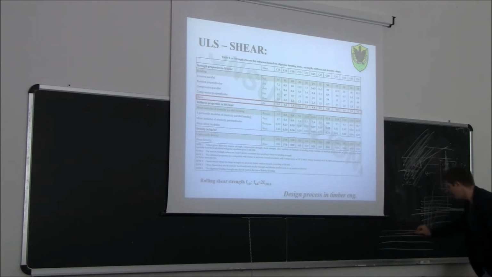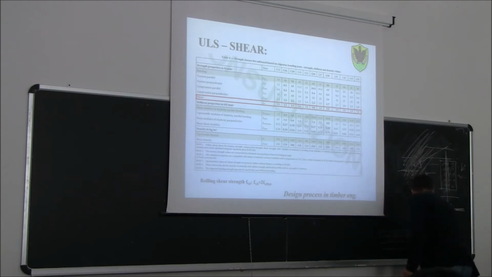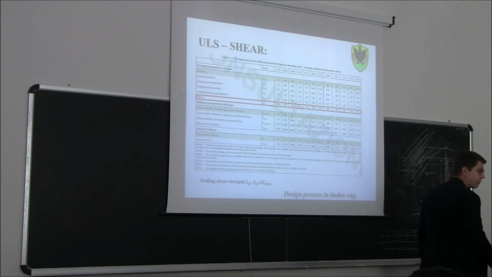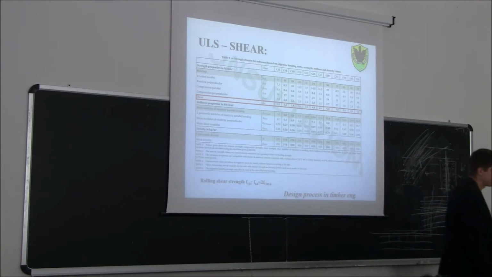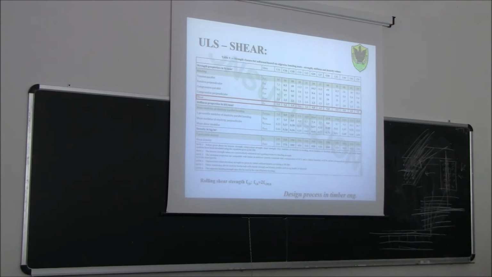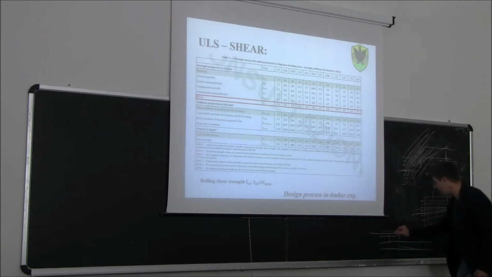Some boards are oriented this way, but the boards in between are oriented perpendicular to the grain. Okay? Now, along a plane parallel to the outer board, what kind of shear are you expecting? If this is, let's say, a plane subjected to bending, longitudinal. So this would be longitudinal shear. So here you have to use fvk.